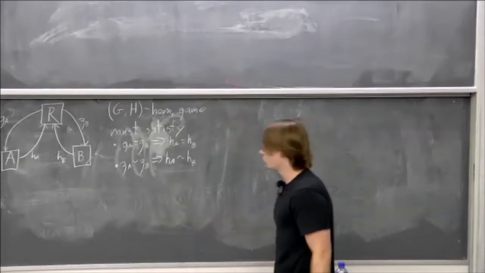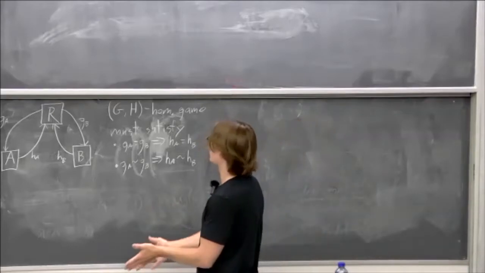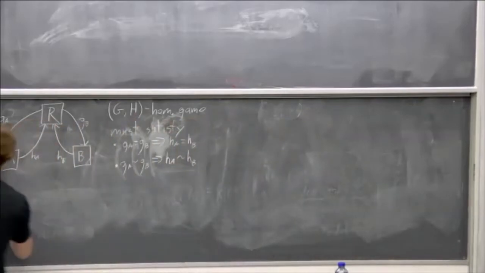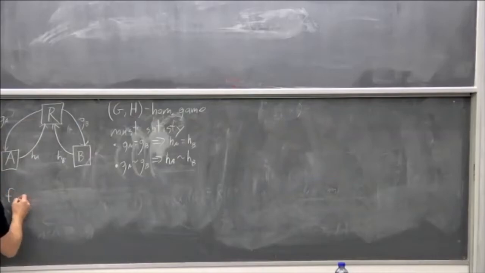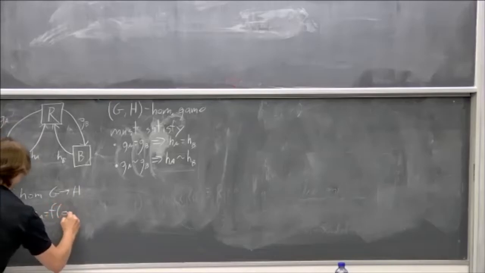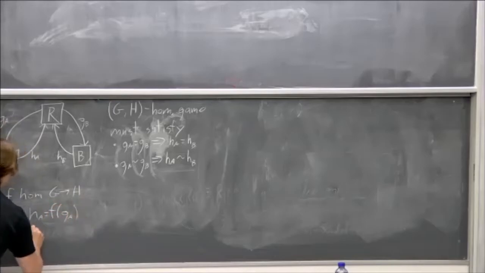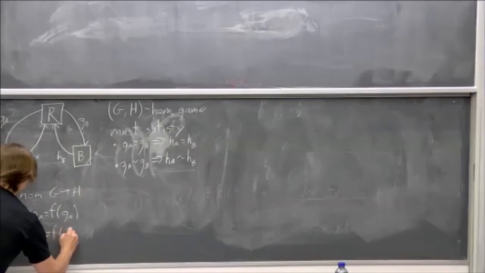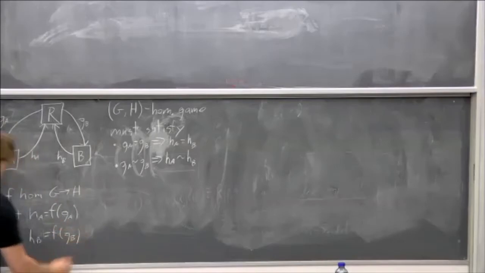But what happens with this game? What happens if there is a homomorphism from G to H? If f is a homomorphism from G to H, then all I need to do is let H_A equal f of g_A, and H_B equal f of g_B.